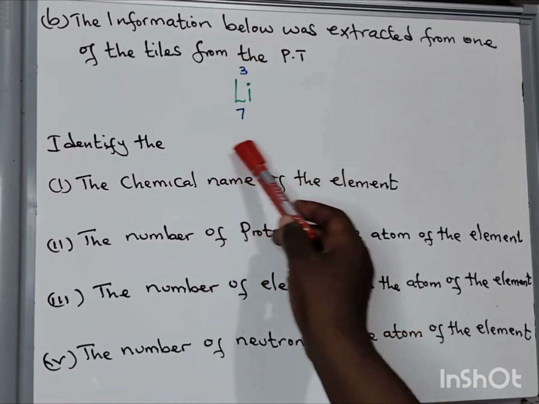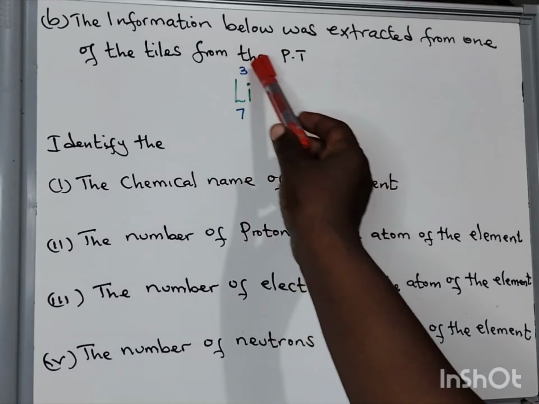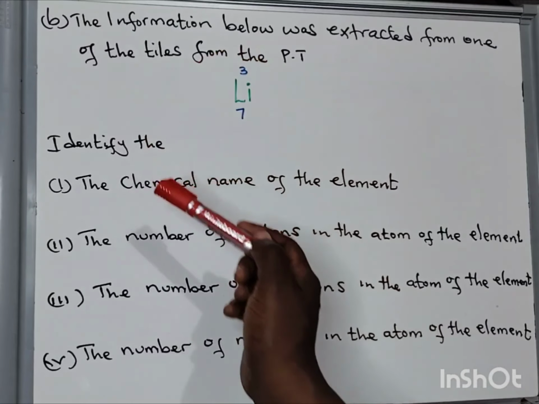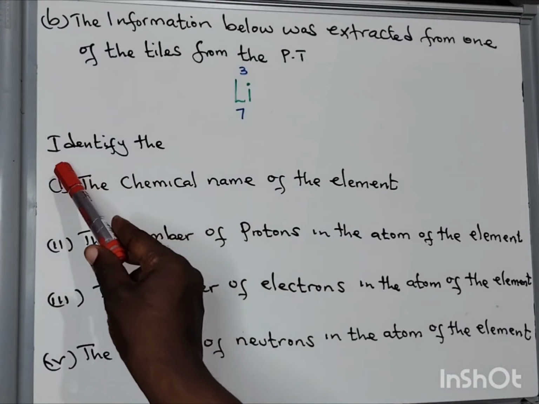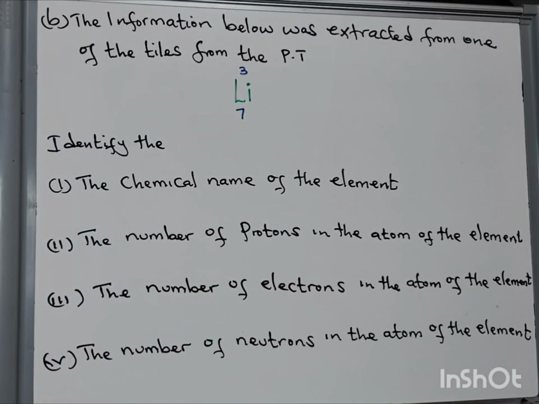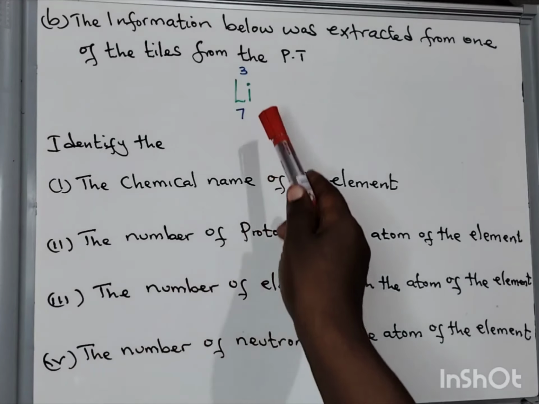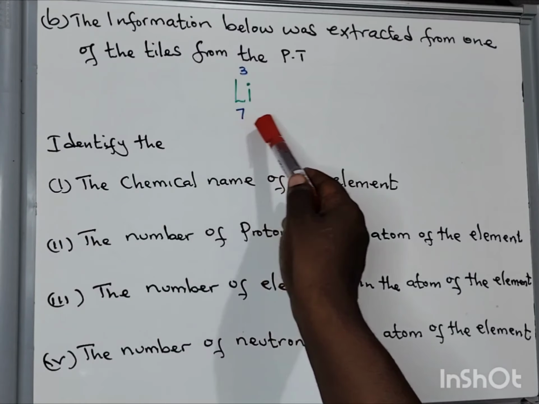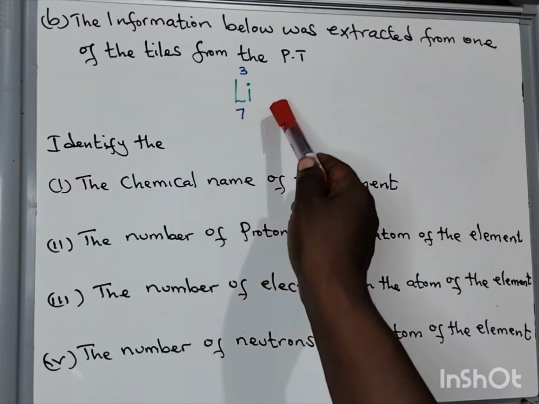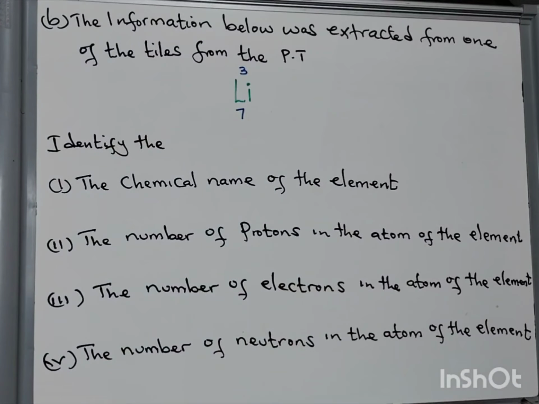So this is the information we have about one of the tiles. And the question says, identify the chemical name of the element concerned. So what is the chemical name? To get the chemical name, you take the symbol, and the symbol gives you the name. So the name is lithium.